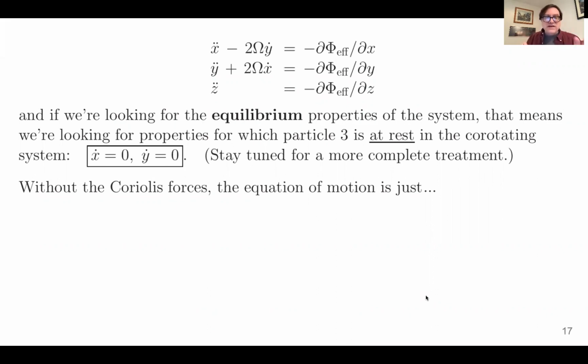So what happens when we set x dot and y dot, the horizontal velocities of particle 3, equal to 0 in the rotating frame? We'll soon look at the full problem with the Coriolis forces in it.